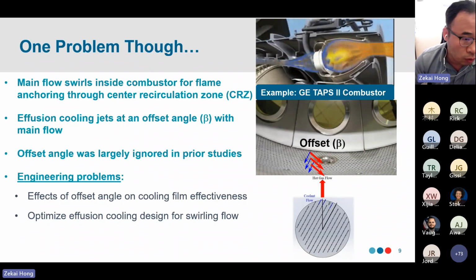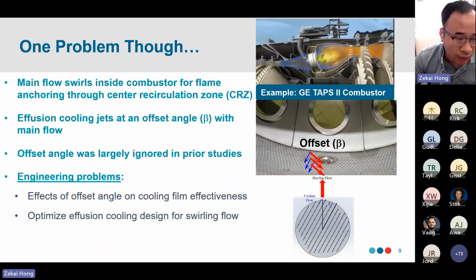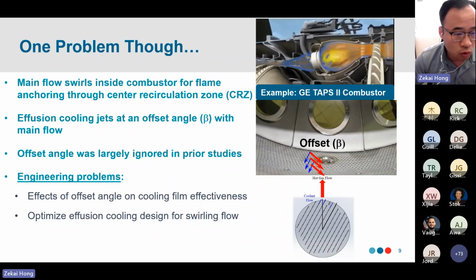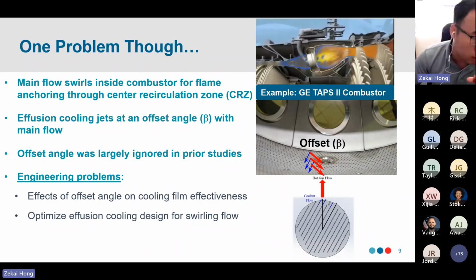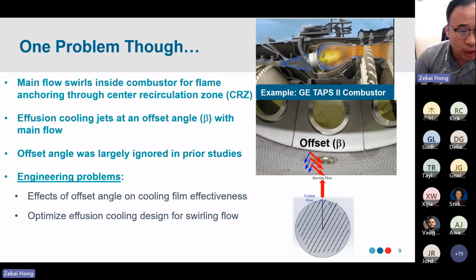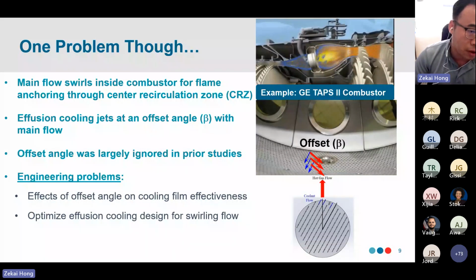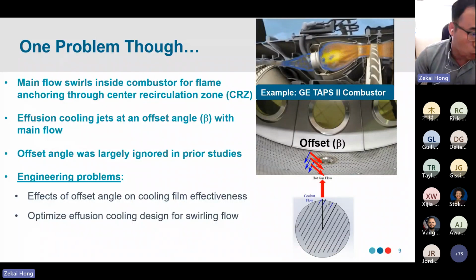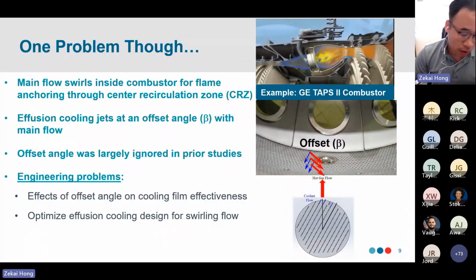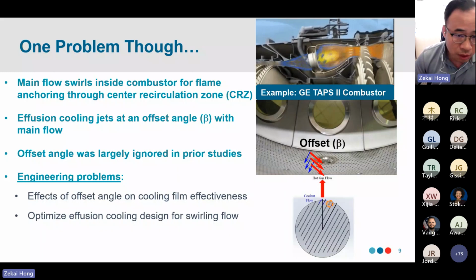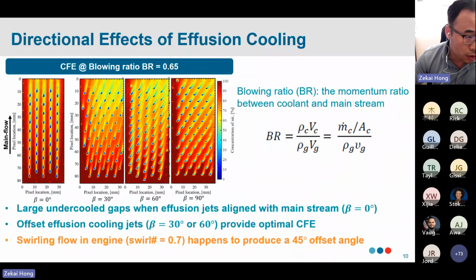For most engine designs, they assume that the effusion cooling goes collinear with the combustor. So we want to ask how good that assumption is, given that the main combustion products are swirling inside the combustor. So we came up with an experiment setup.